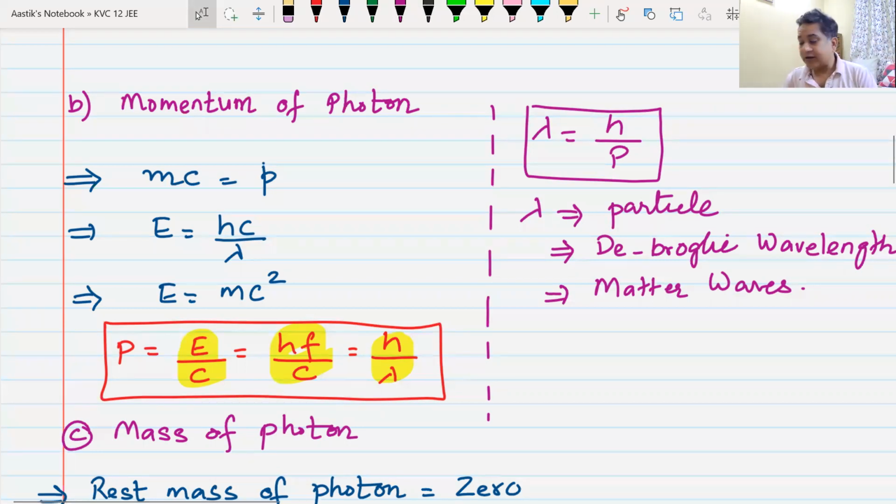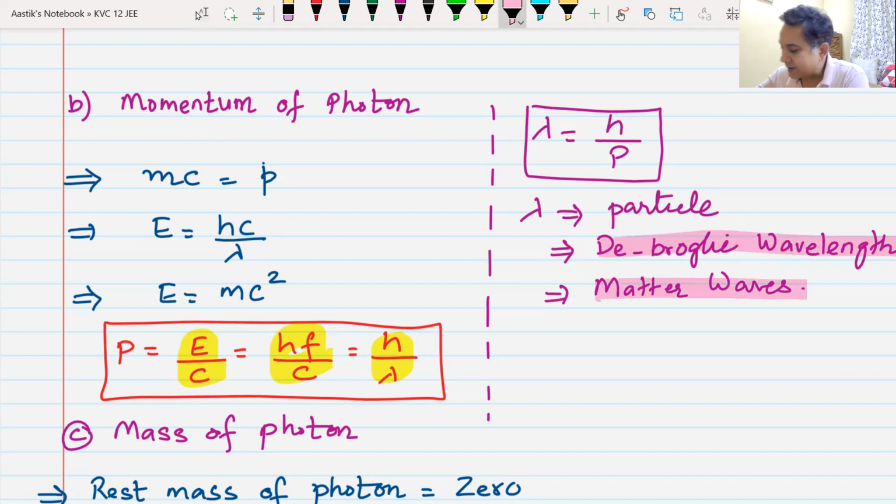I will take some 5-10 minutes more to explain this concept of de Broglie wavelength and matter waves, and then we will move on to the photoelectric effect. It does not change anything, because in any case you know the concept of momentum. So we'll be covering one more topic.